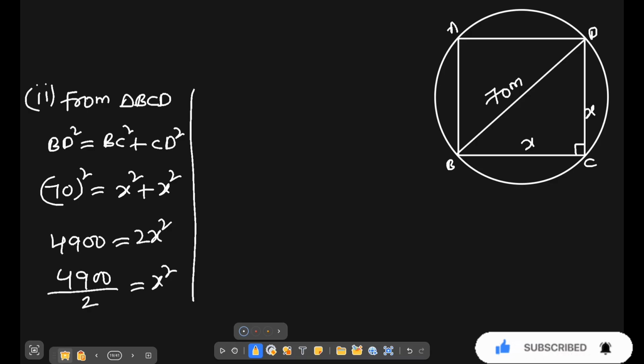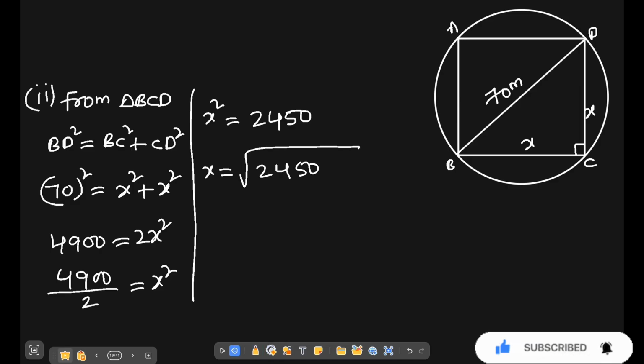Now, what is this x square value? 4900 by 2 is 2450. Now x is equal to the square root of 2450.